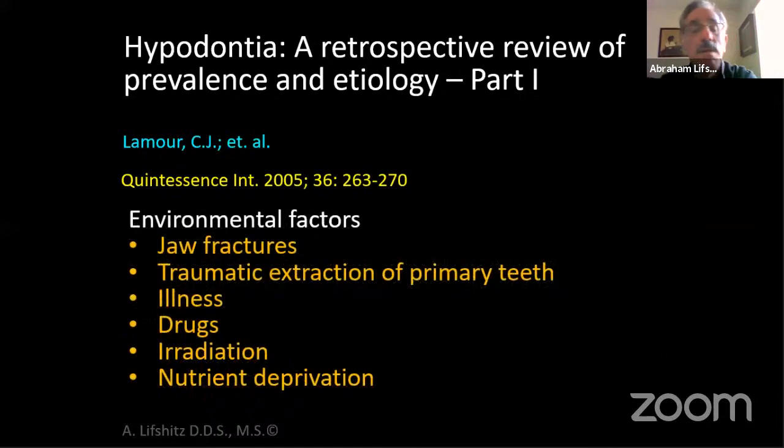And also, Lamour in 2005 stated that there are some environmental factors, which could be jaw fractures, traumatic extraction of primary teeth, illnesses, drug irradiation, and nutrient deprivation.